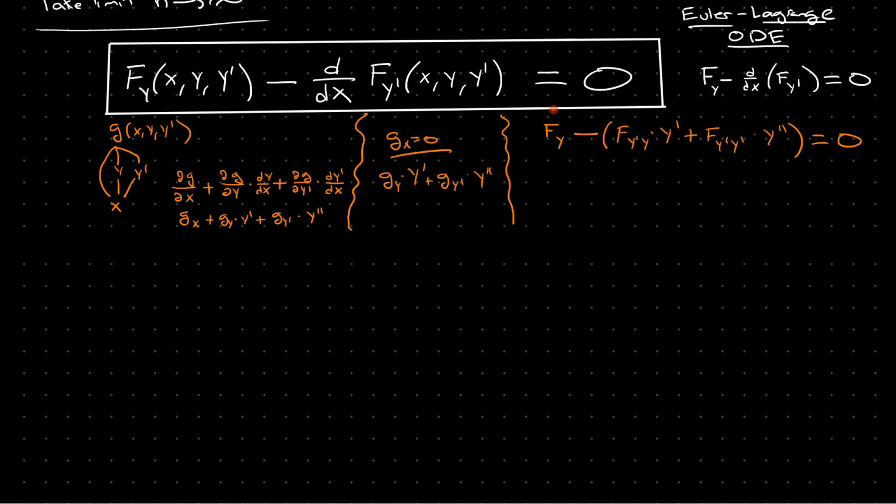That's the Euler-Lagrange equation with the assumption that fx equals 0. There's no x dependence explicitly in our integrand function.